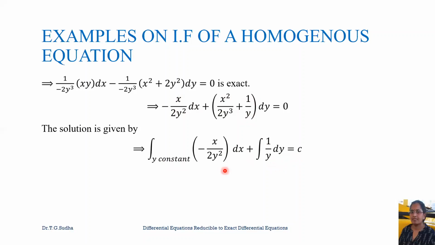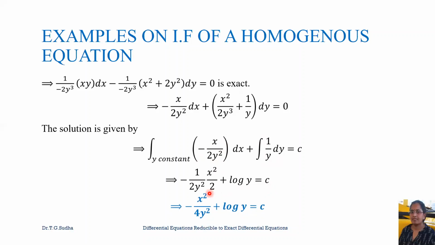Now let us integrate the terms. In the first integral, we need to keep y constant. So minus 1 over 2y square you retain as it is. You integrate x, that gives us x square by 2. Plus the integral of 1 over y dy gives us log y, and that is equal to c.